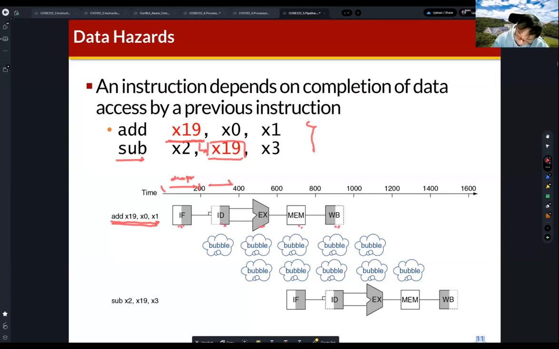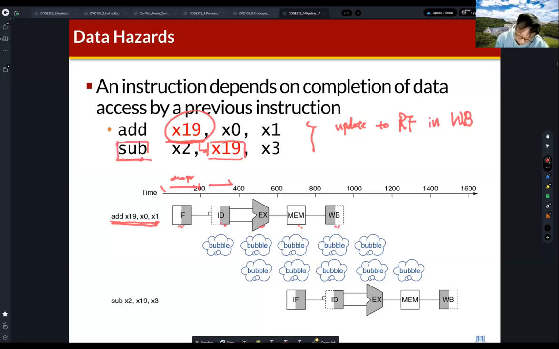The result of this add instruction is updated to the register file in the write back stage. What's the problem?